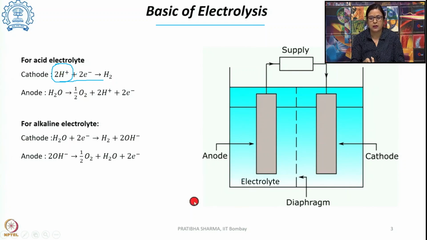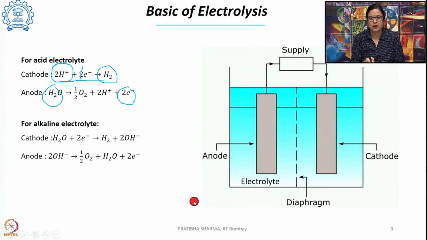In the cathode, H plus will absorb two electrons, combine, and form hydrogen gas. And in the anode, water will split into oxygen and H plus and two electrons.